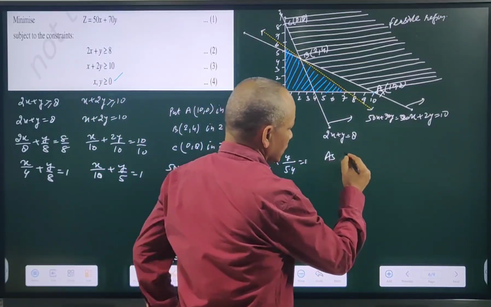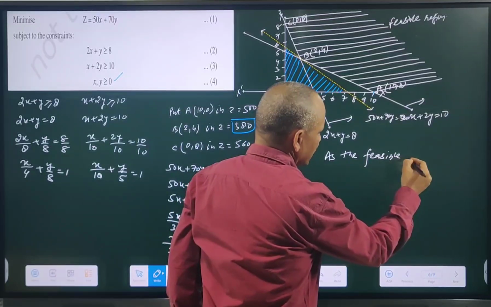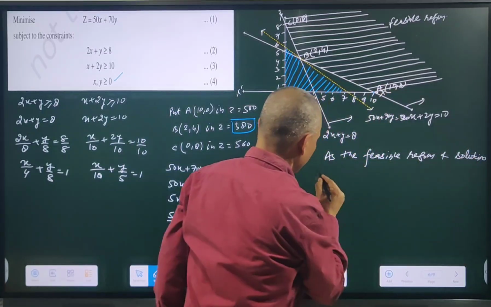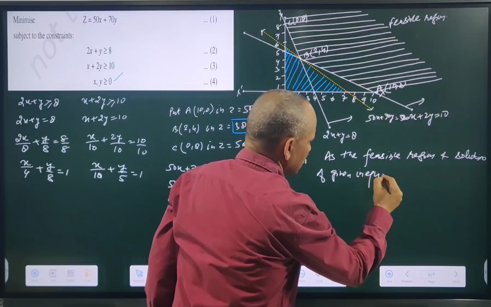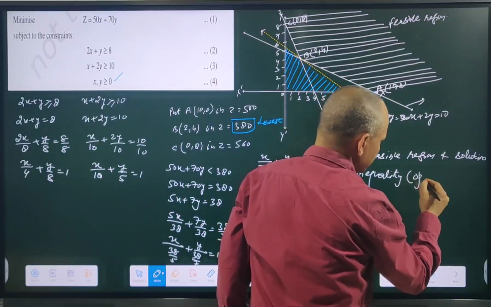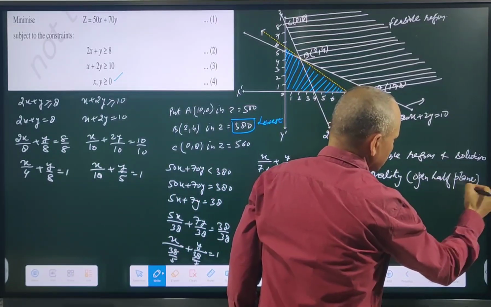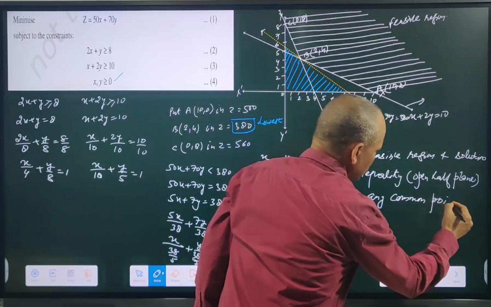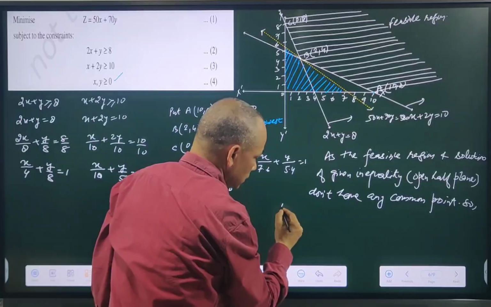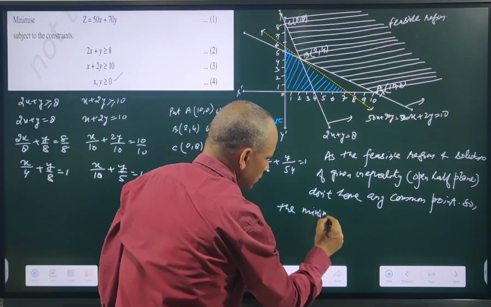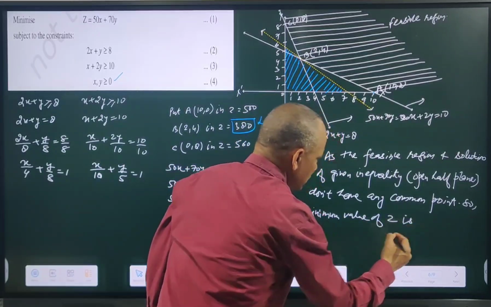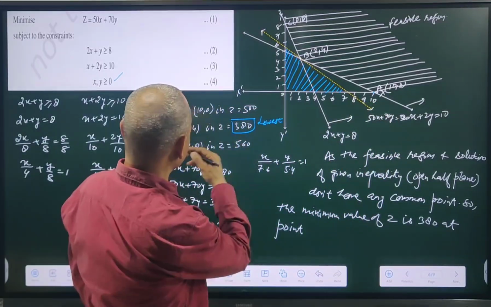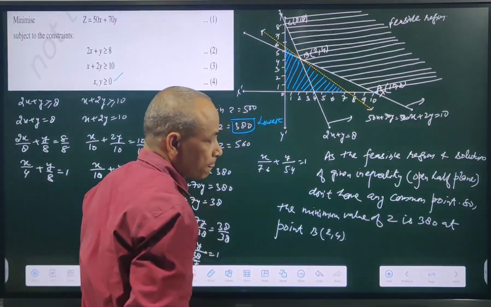As the feasible region and the solution of the given inequality, which we call the open half plane, don't have any common point, the minimum value of z is 380 at point B, that is 2, 4, right?